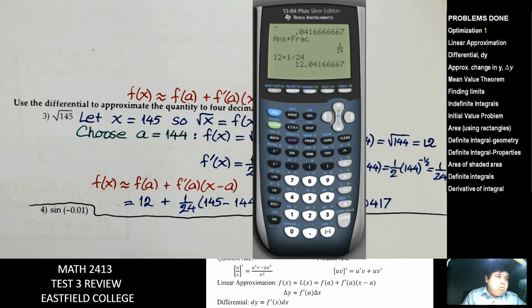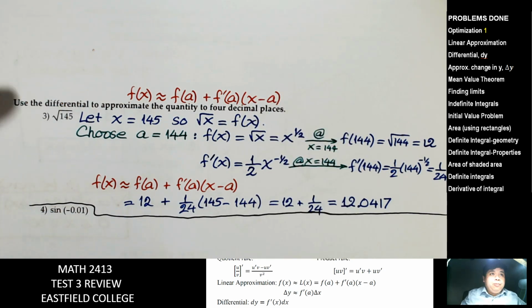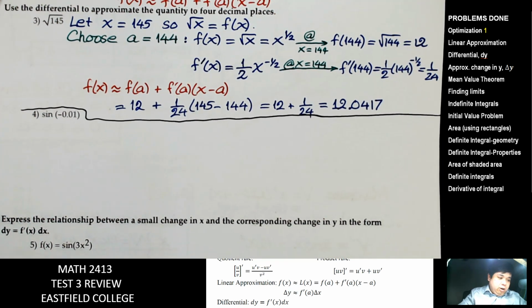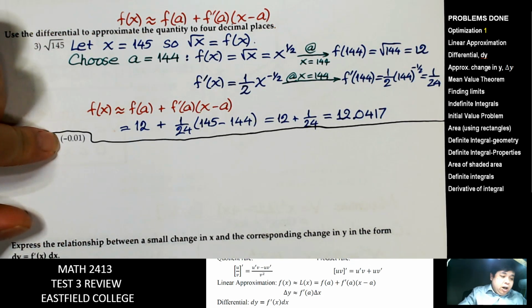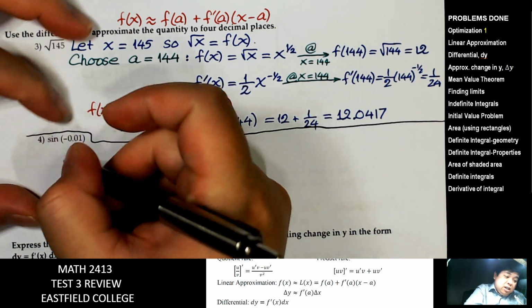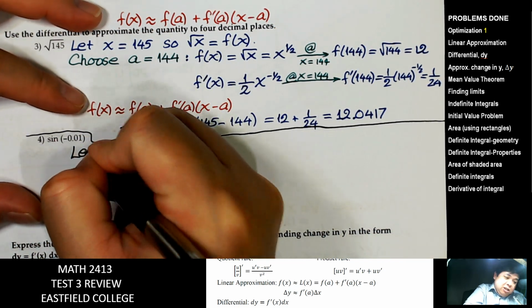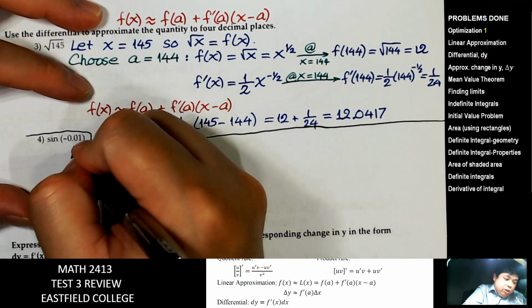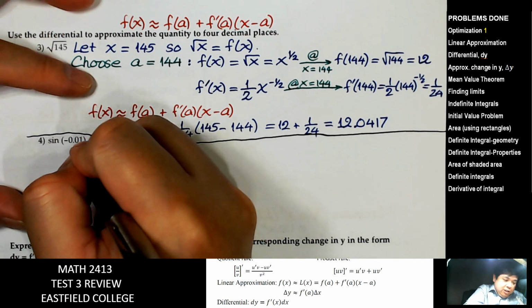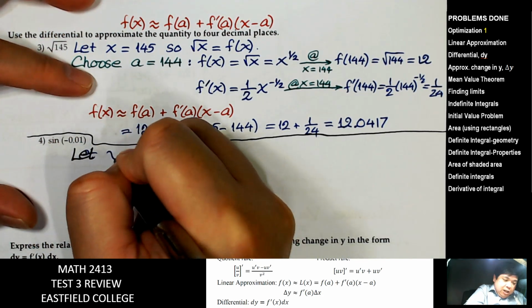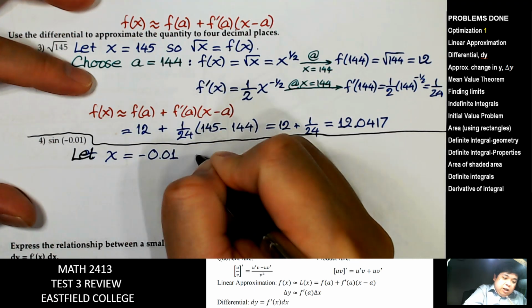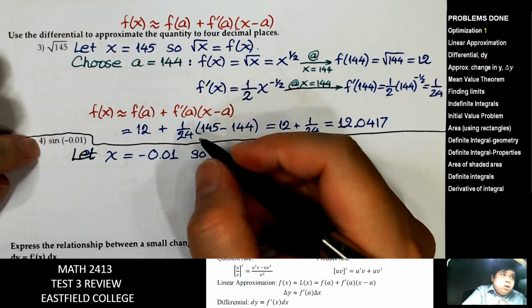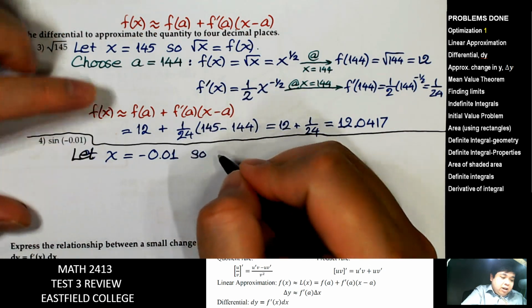The only number we have is negative 0.01, so we'll let x be that. Let x be negative 0.01, and so the function becomes sine of x.